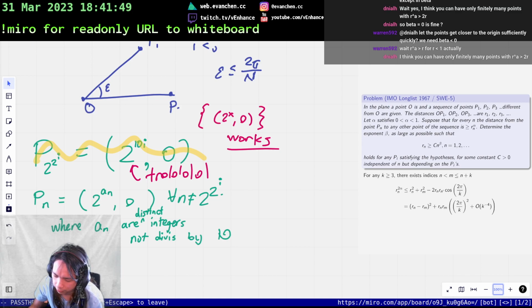On the other hand, if beta is equal to 0, then all this is saying is that you need the sequence to eventually leave. You need to show that there's no sequence that converges to O, which should be doable with the law of cosines crap that I wrote down.